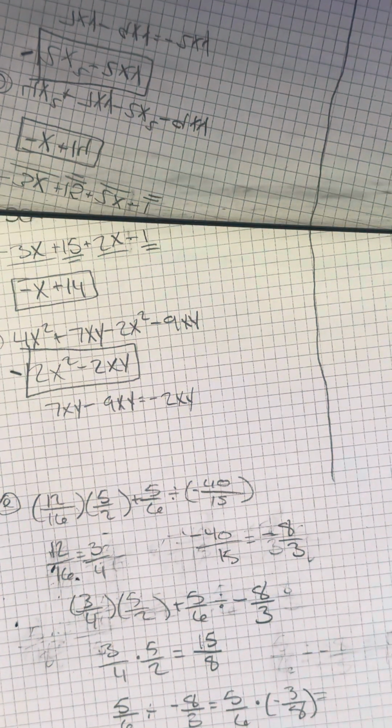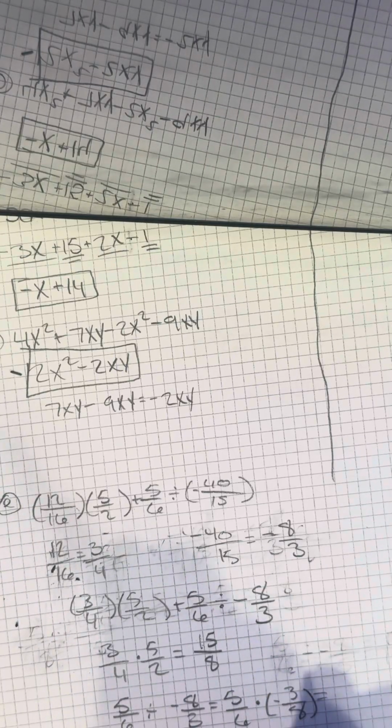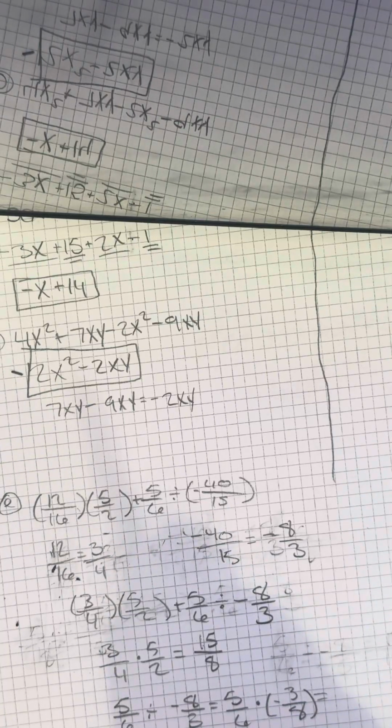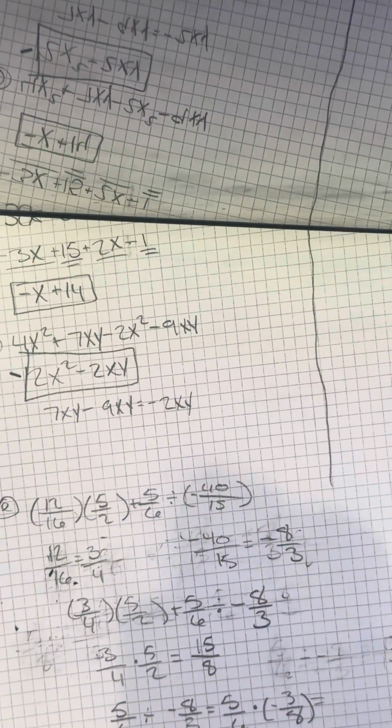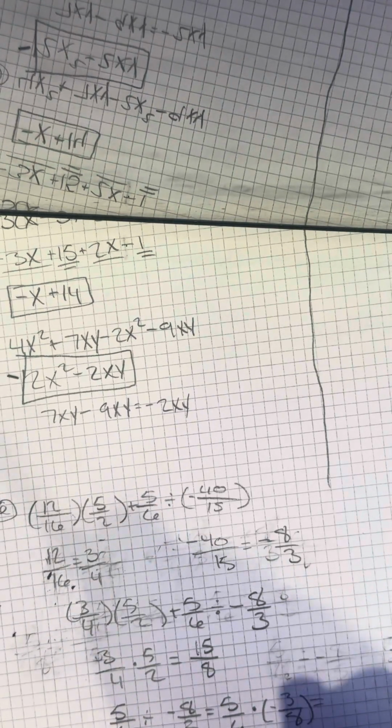So it'll be 30 over 16 minus 5 over 16, which equals 25 over 16. Well, 15 over 16, sorry. 15 over 16 would be our final answer.